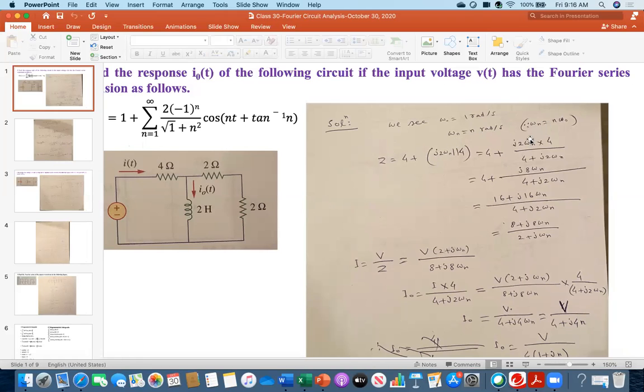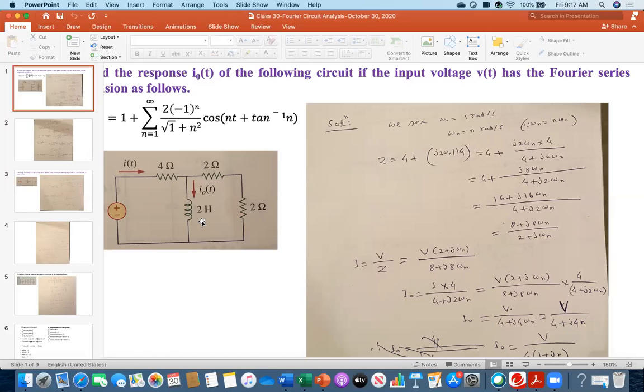Because in the previous class we noticed omega n is n omega naught. Here omega naught is 1 because nothing is multiplied with n. And then everybody look, next I am finding the total impedance capital Z, which is this 4 plus 2 plus 2 is 4, which is in parallel. This is the parallel sign. j 2 omega n, for 2 henry, the j omega L that you know.